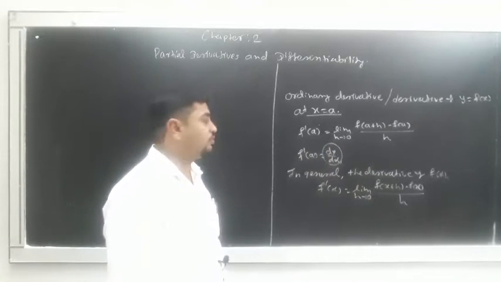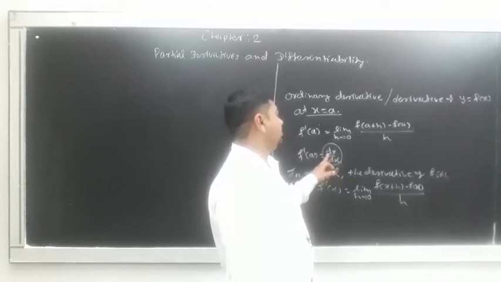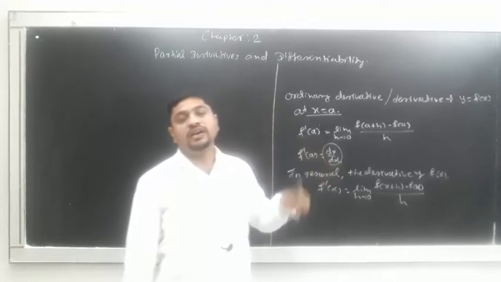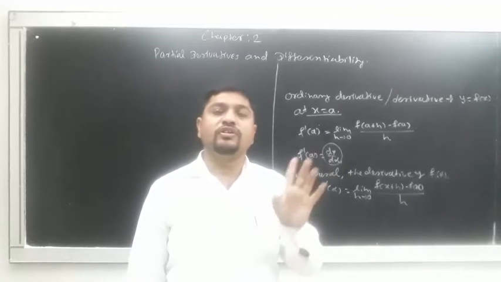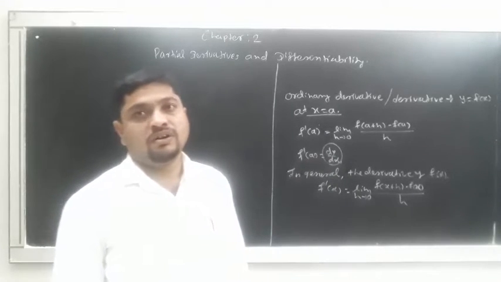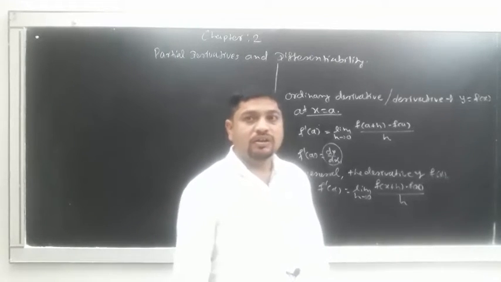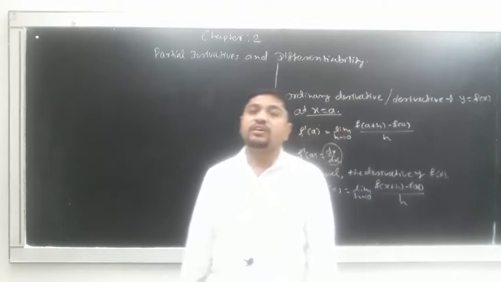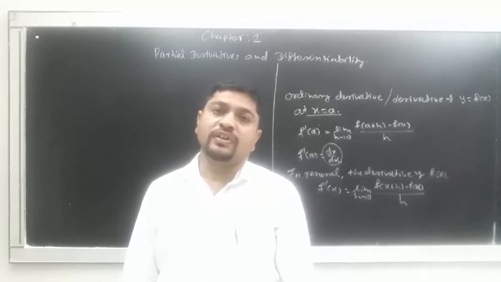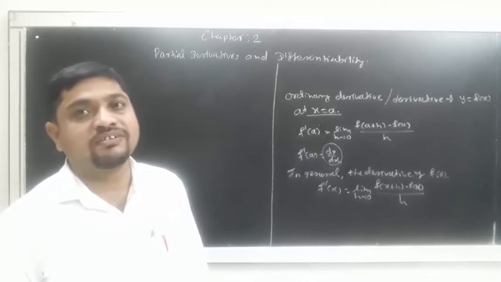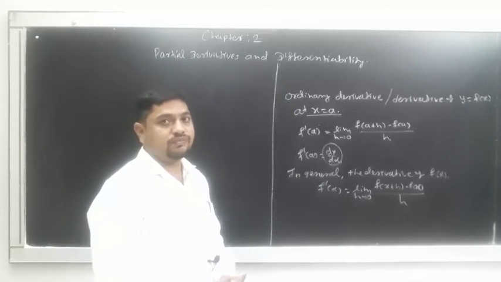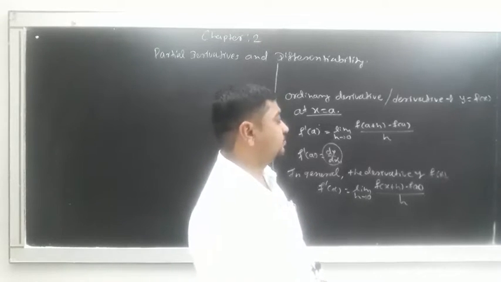So we have to keep in mind that the derivative is the rate of change of y with respect to x, or geometrically, the ordinary derivative is just the slope of the tangent to the curve.